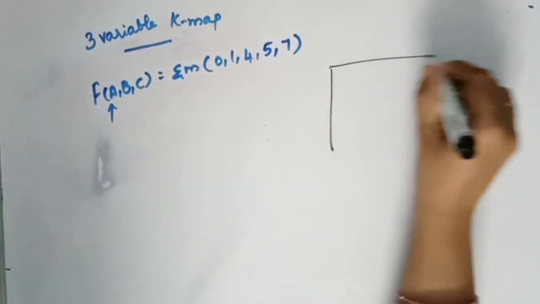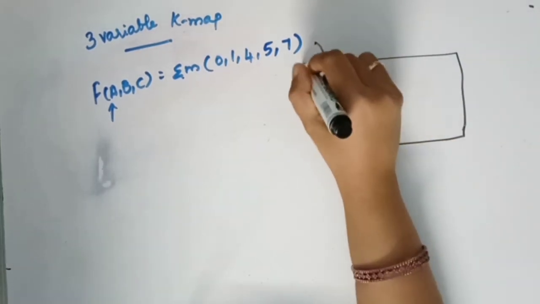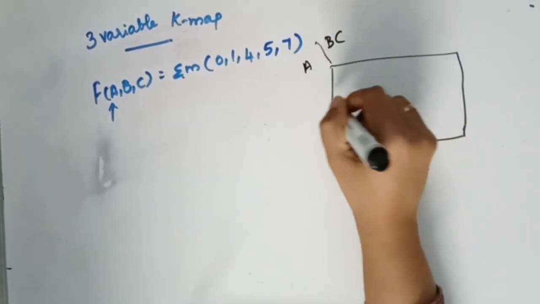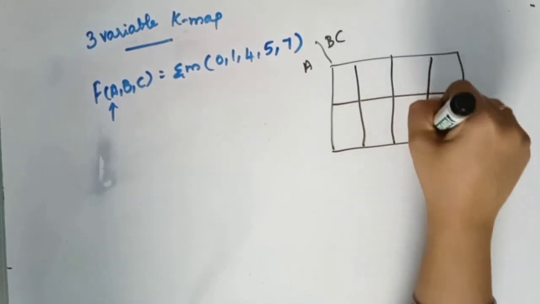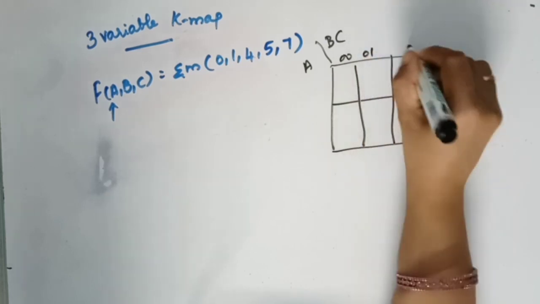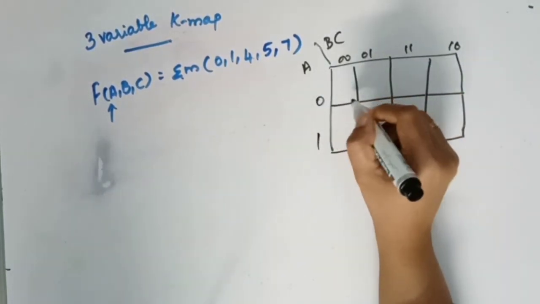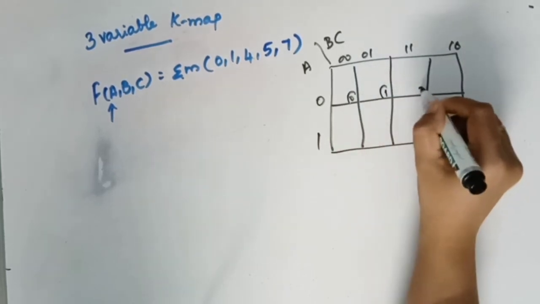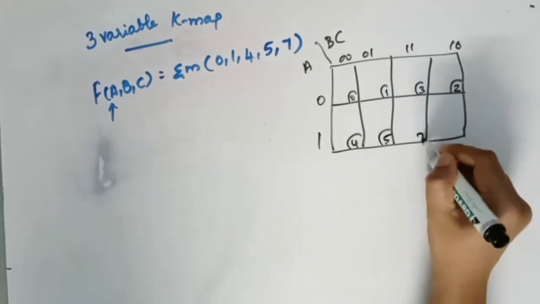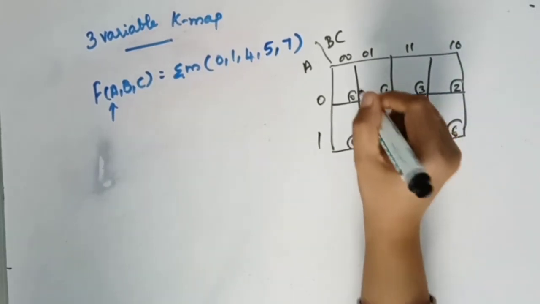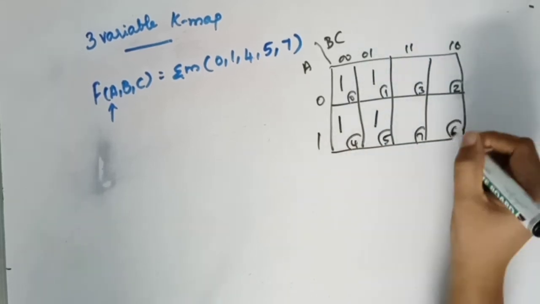So my Kmap would be A, B, C. Zero zero zero one one one one zero zero one. So this is 0 1 3 2, 4 5 7 6. So it is 0 1 4 5 7.